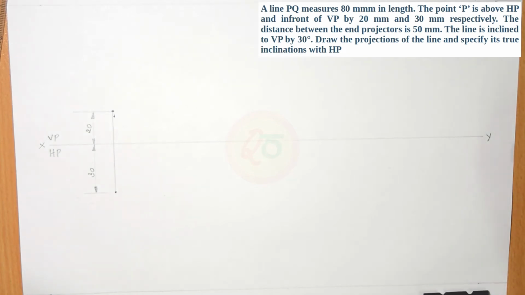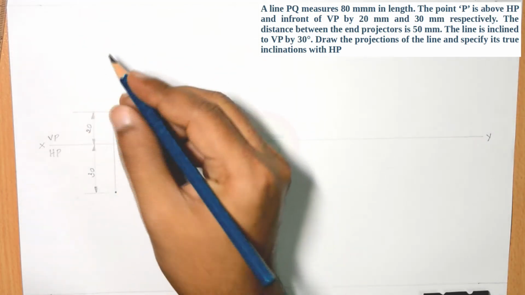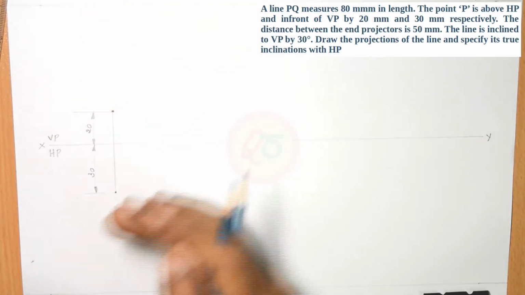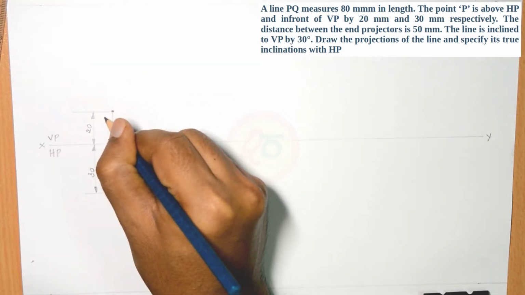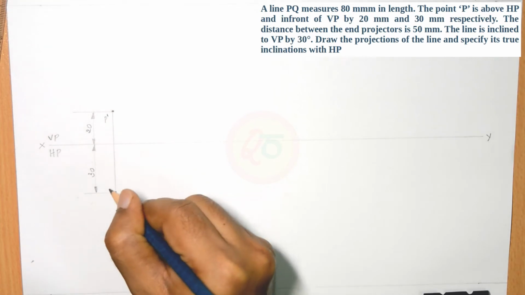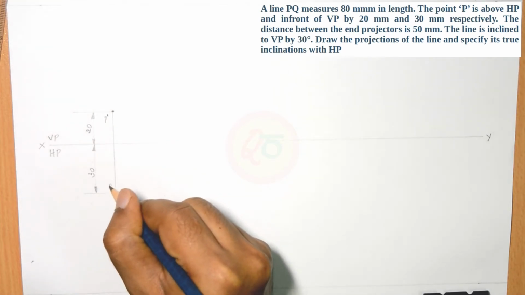Naming point P, it is represented in the front view as P dash. Small p dash, this is small p.